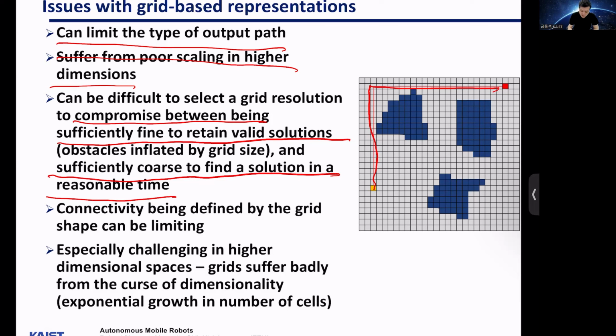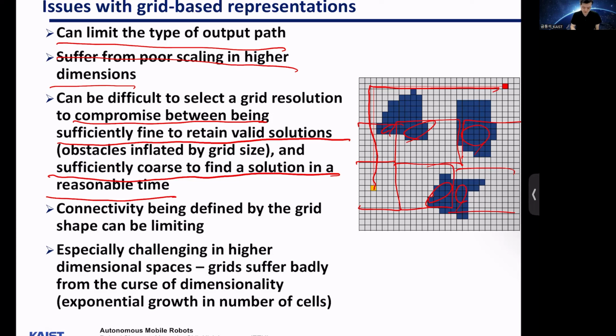For instance, if the grid was this big, there is always an obstacle in all of these grids, okay? Connectivity defined by the grid shape can be limiting, especially challenging in higher dimensional spaces.